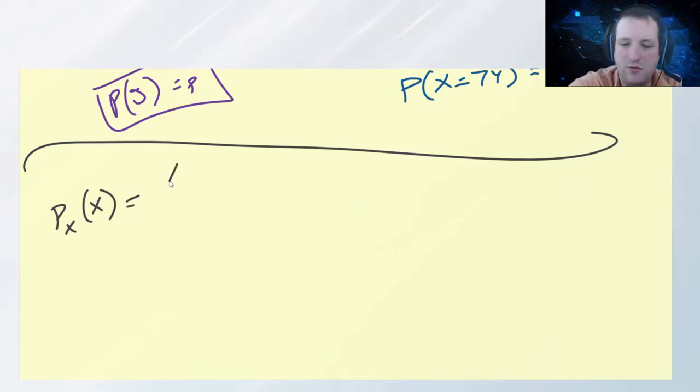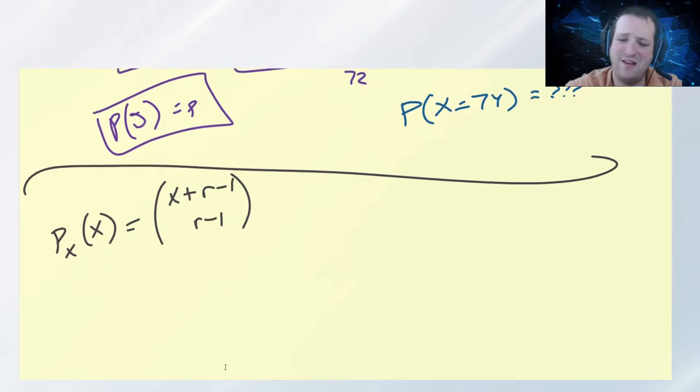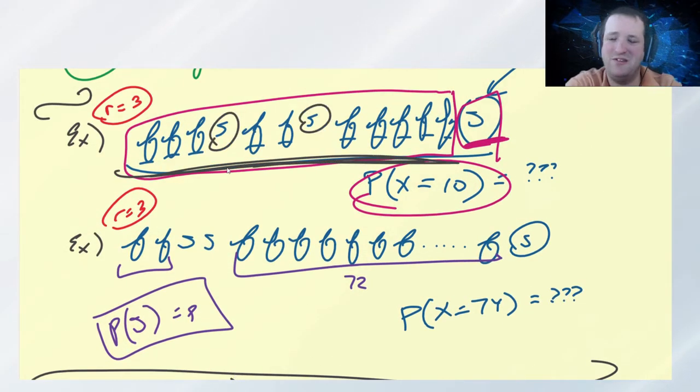This is going to be equal to x plus r minus 1 choose r minus 1. These r minus 1s are associated with the number of successes that are permuted in our combinations, right? Because if we have 3 successes, that means these 2 successes could be in any of these positions that we want.